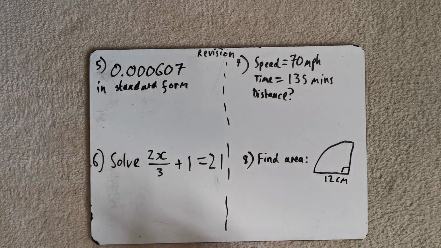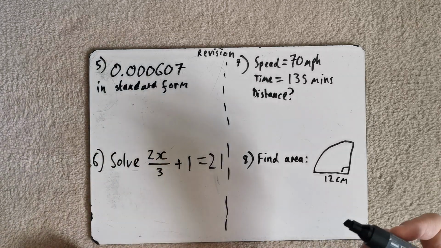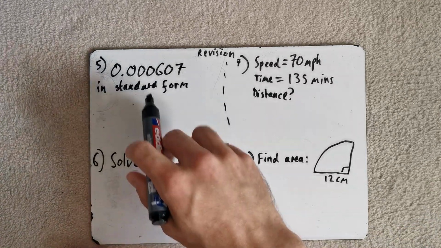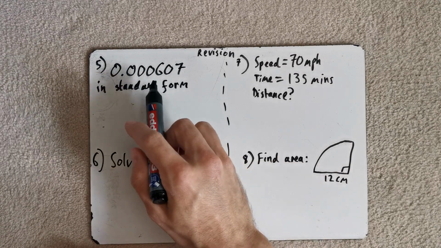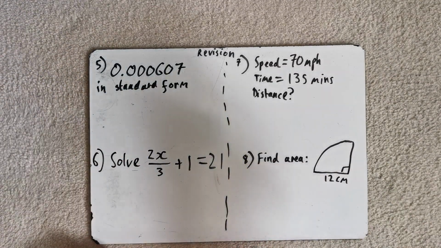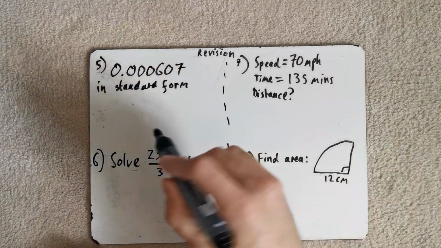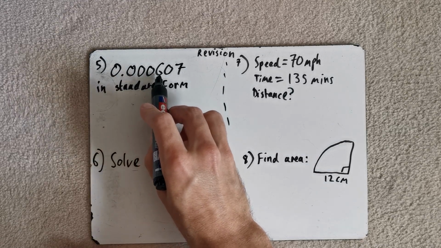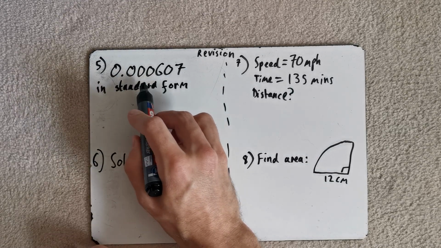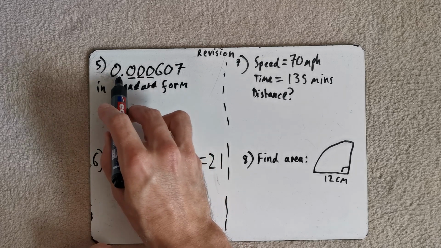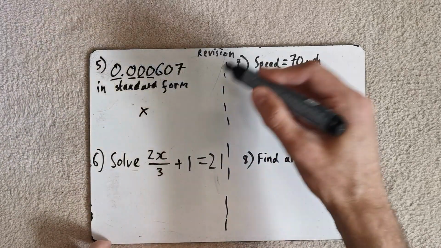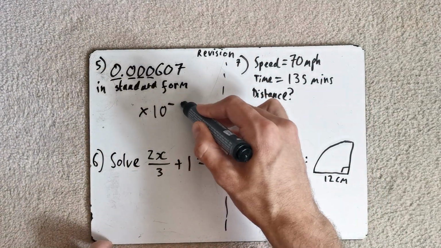Okay, right, first one, 0.000607 in standard form. First of all, this is tiny standard form. We've got to count, so where's our first significant figure? Where's our first main proper digit? It's that 6, and we've got to count the number of places before it. 1, 2, 3, 4 before, so it's going to be times by 10 to the power of minus 4.